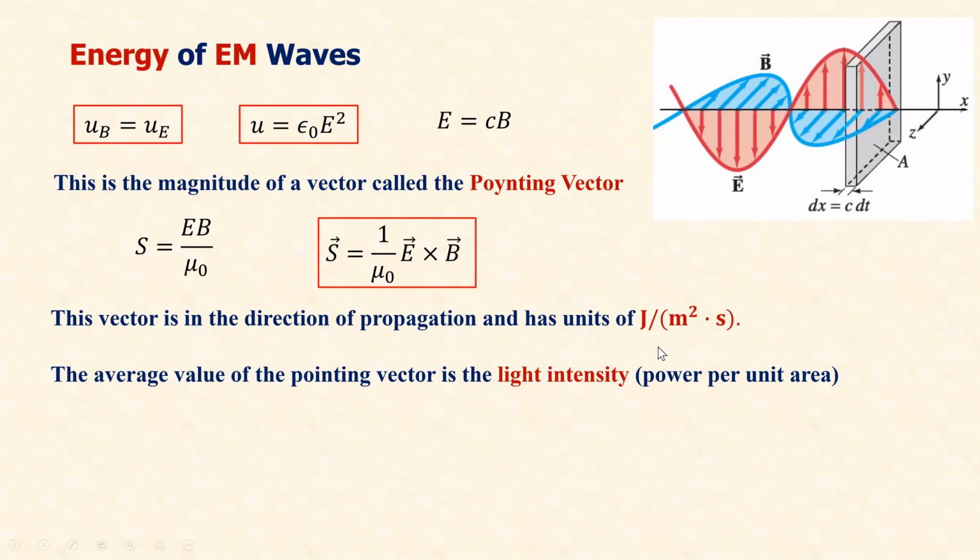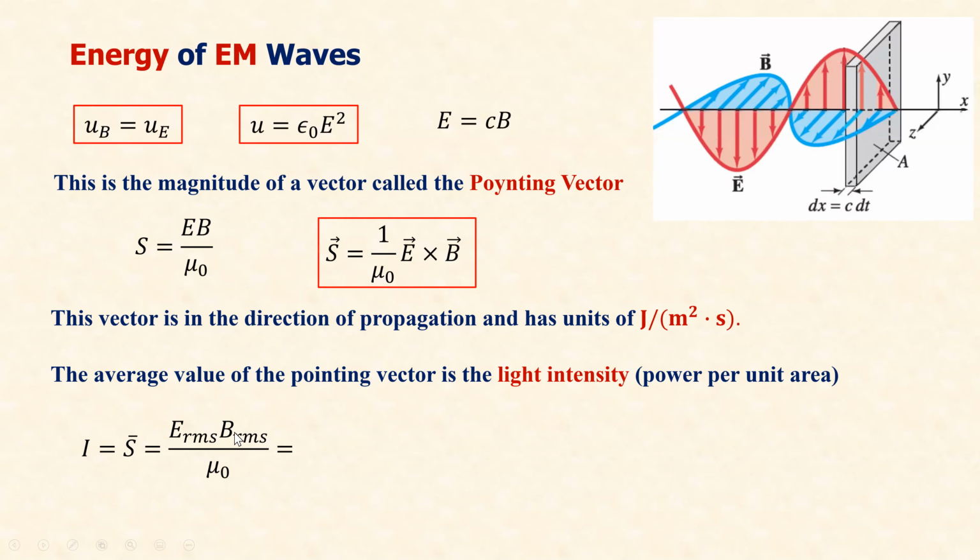So I is the average of the Poynting vector, or with E RMS and B RMS, remember the RMS values that we defined, it becomes E RMS times B RMS divided by mu naught, and they are perpendicular to each other. So the magnitude of the cross product becomes just magnitude of E times magnitude of B, because the sine of the angle is 1.